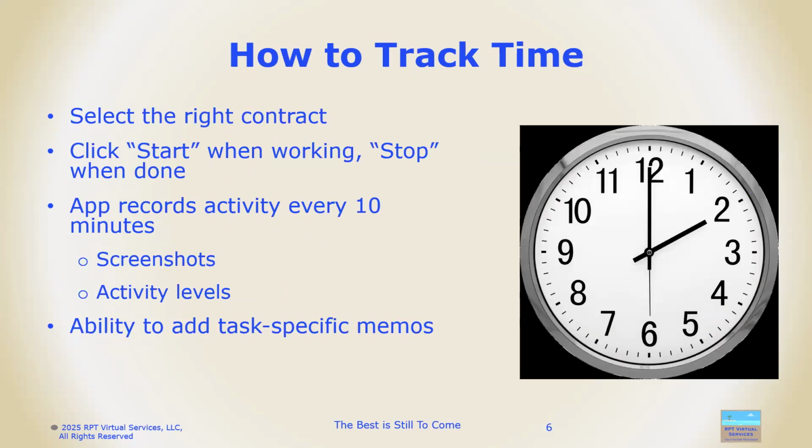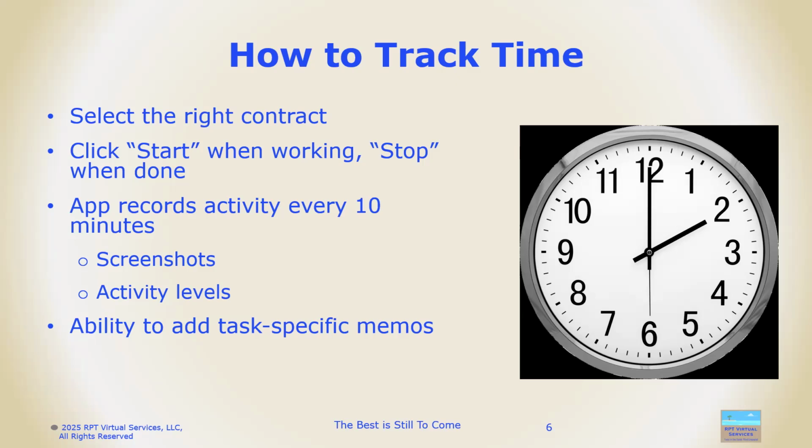So how do you start tracking your time? First, you go and select the contract you're working on. Make sure you get the right one, and then click Start when you are working, and stop whenever you are done or paused. And the app will record your activity every 10 minutes while you're in the active mode.